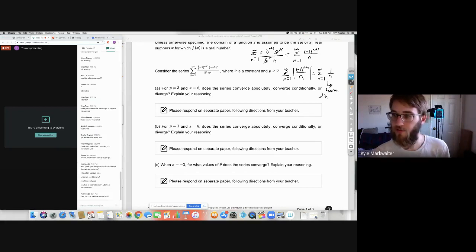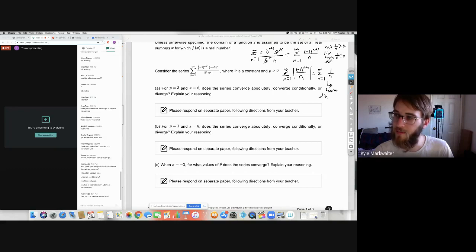So then what do we do? We found out it's not absolutely convergent, but what about this original series? Is the original series convergent? If it is, we call it conditionally convergent. So I could check this series. Turns out the alternating series test does it. A sub n is 1 over n, that's greater than 0. The limit as n approaches infinity of 1 over n is 0.